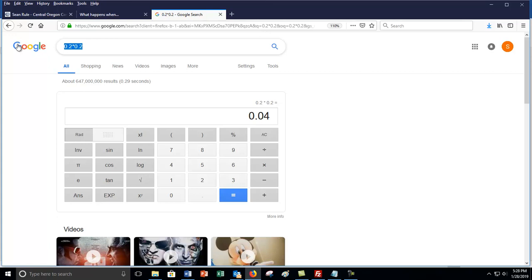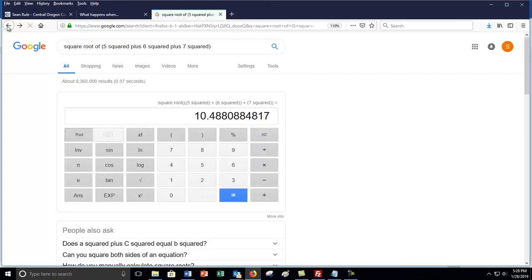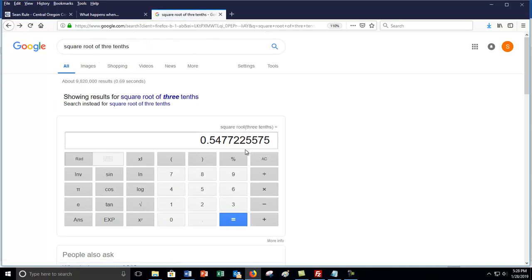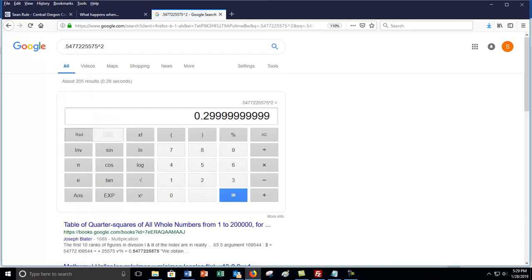And that's why when we back up far enough, we see that the square root of 3/10 is 0.55, because when you actually take this number, which I will take right now, and square it, you actually get back to essentially 0.3. That rounds off to 0.3. So you have to start larger, because when you square it, it's actually going to get smaller. Hopefully that makes sense. It was extra credit. That's definitely not a simple question. That's why it was extra credit. All right. Hope it made sense, and we'll see you in class.